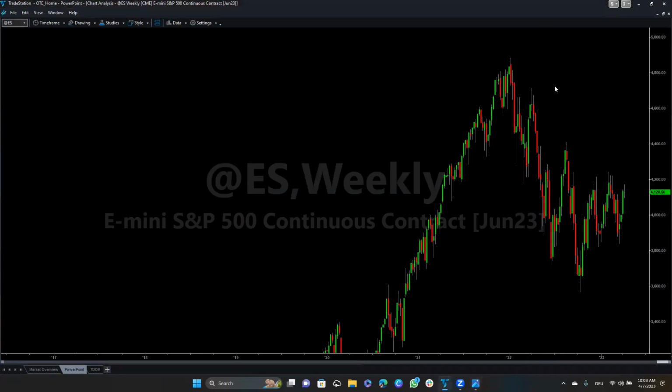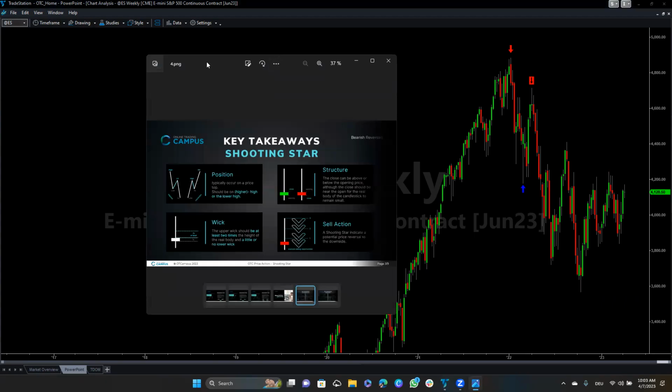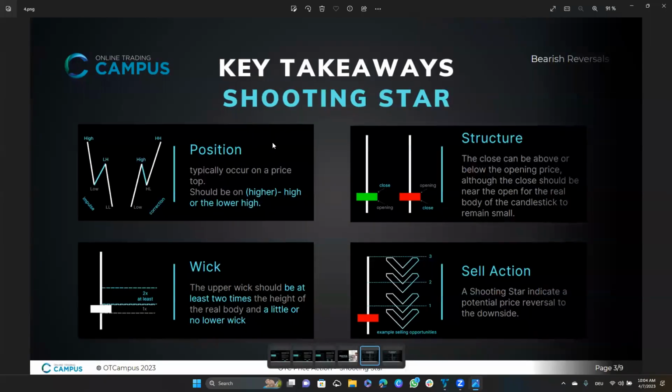We'll check direction, guys. A high, a low, a lower high, and here we have a shooting star, right? This one. It is correct if we find the shooting star in the lower high area. Let's check.